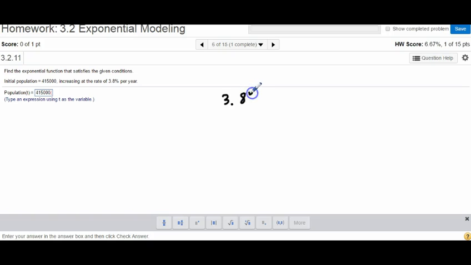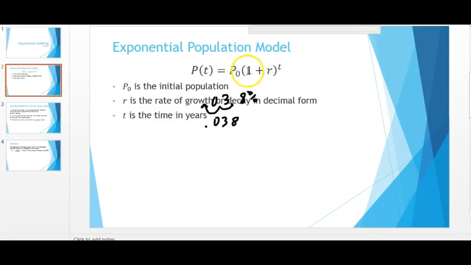So 3.8%, if you move the decimal space over twice, then you're going to end up with 0.038. So that's the decimal version of 3.8% growth. And then inside of the parentheses, we need to take that r value and add it to 1.